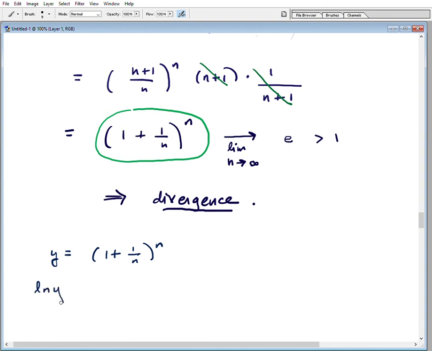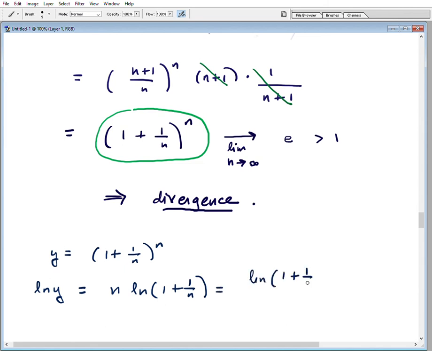This is what we did, I think, in Math 16, when you had some expression with x's here and x in the numerator, and you want to take the limit as x goes to infinity, you had to take the log of both sides just to bring that n down. Okay, and then you use L'Hopital's rule.